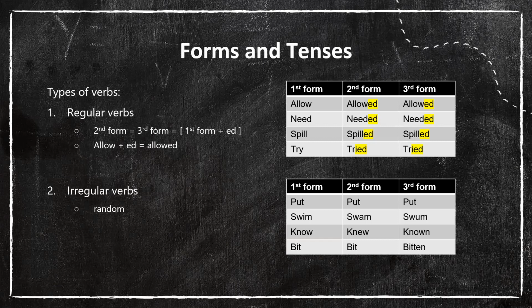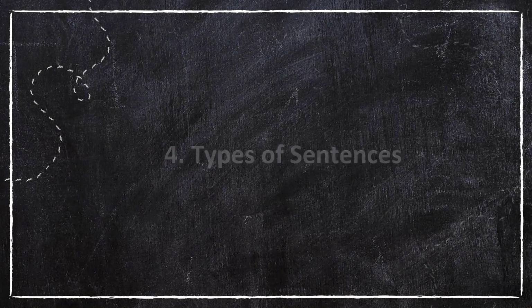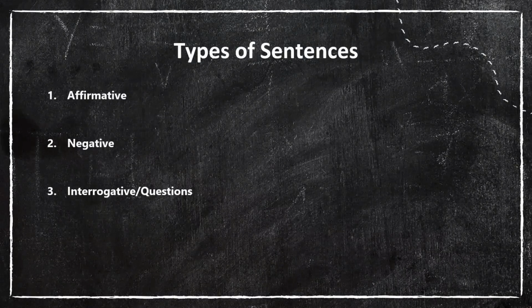Before I go on to explain some of the rules you need to know on how to make some of these forms, I need to talk about something very important, types of sentences. Depending on the type of sentence, some of these forms look a bit differently. We have the affirmative and negative sentences.